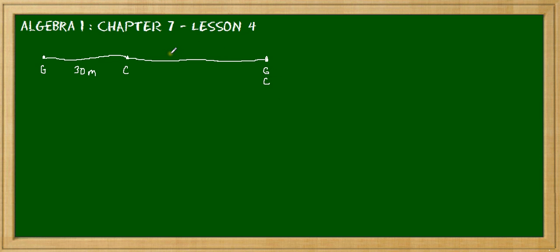Now we also know that the greyhound is traveling at 15 meters per second. So that's 15 times x, where x represents time.